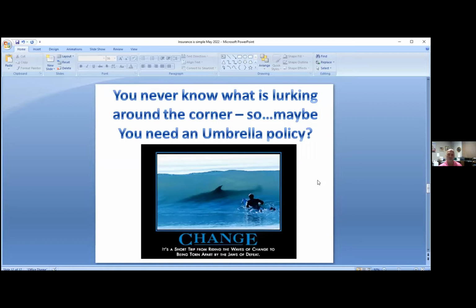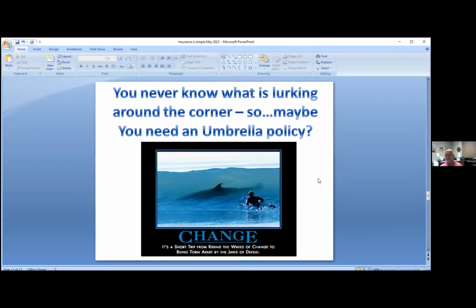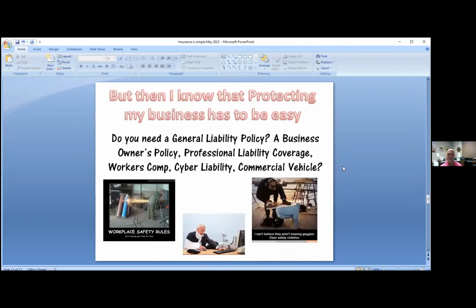We can include your rental properties, your motorcycle, your RV, a lot of stuff, but it's dirt cheap. To give you an idea, a $1 million umbrella policy for someone with 2 cars and a house is probably going to be about $250 a year. When you think about that, you can't buy any other insurance for that price. But do you need it? Don't know till we talk.